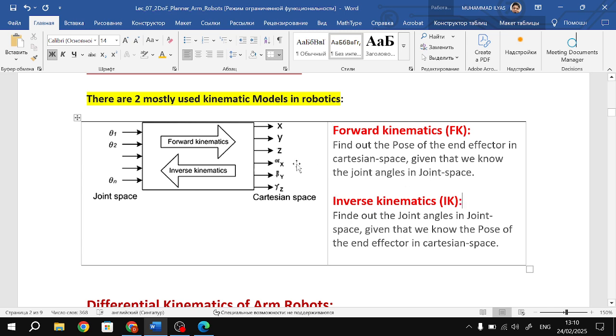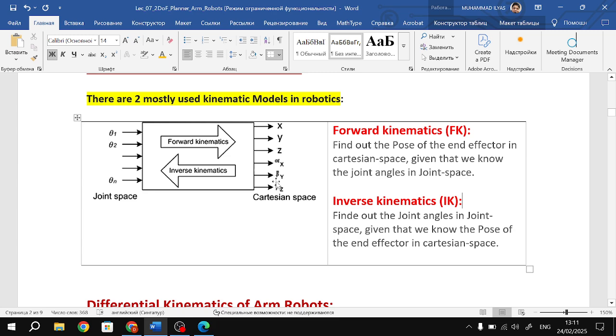Forward kinematics gives you the relationship between your joint space variables and your Cartesian space variables. Cartesian space variables are the position and orientation of your end-effector with respect to the base frame, and joint space variables are your joint variables, whether prismatic or revolute joints, and there can be any number of joints, 1, 2, 3, 4, 5, 6, depending on how we construct our manipulator.